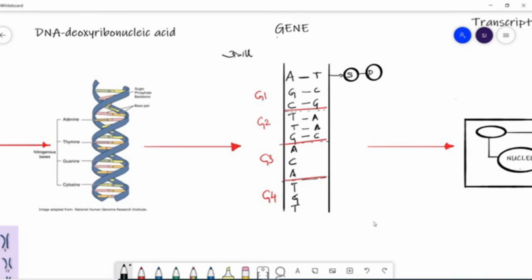So there are approximately 3 billion steps in this ladder. And in these 3 billion steps, for human beings, it is said that there are 20,000 to 25,000 genes. That is, these base pairs are divided into different genes.